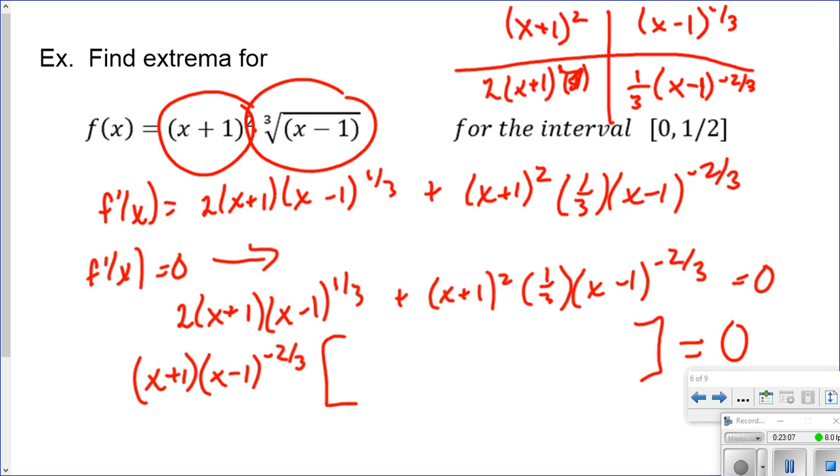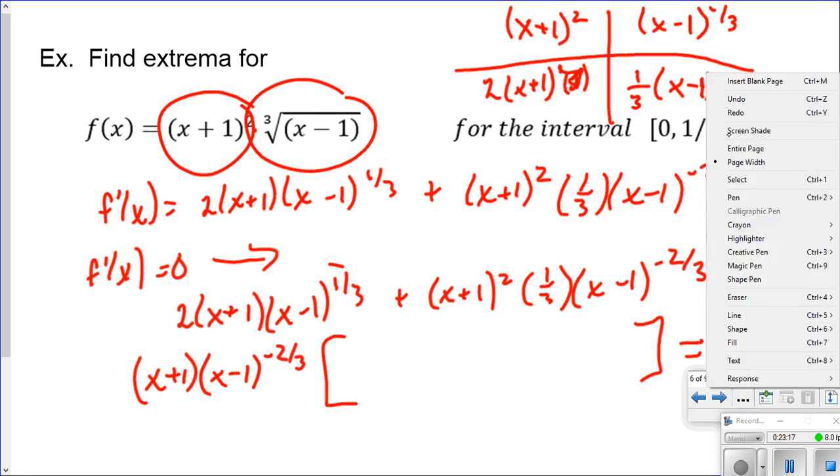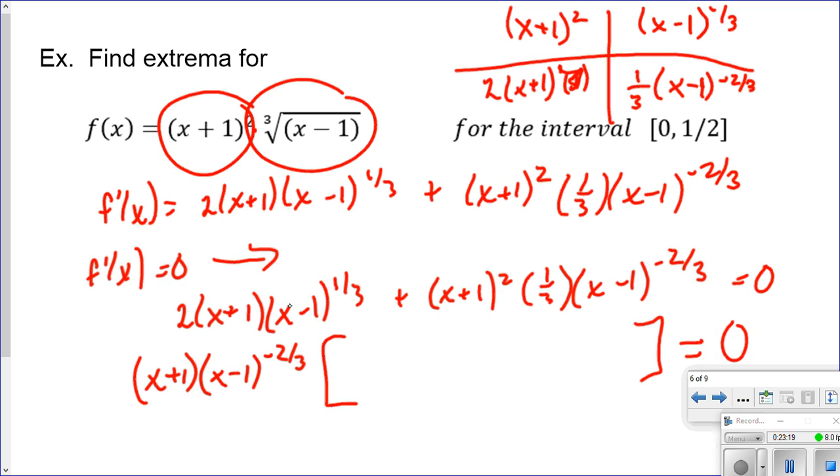Okay, so in my front expression here, this first piece up here, I'm dividing this term by this factor. So I'm left with a 2. My x plus 1's cancel each other out, and I do 1/3 take away 2/3.